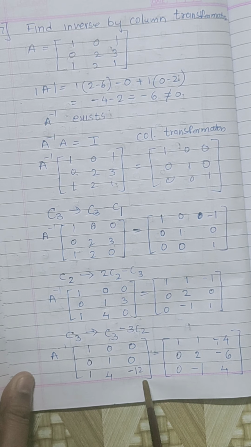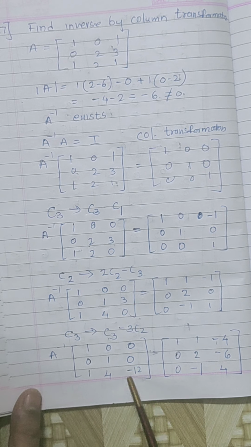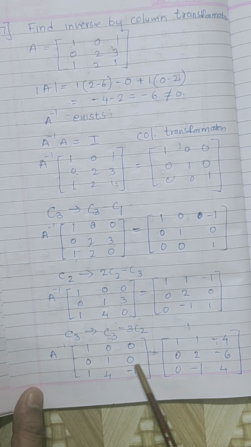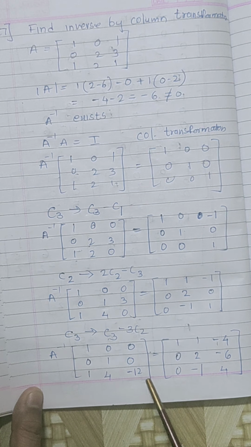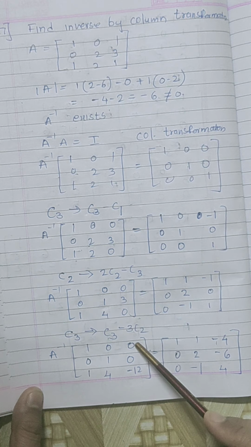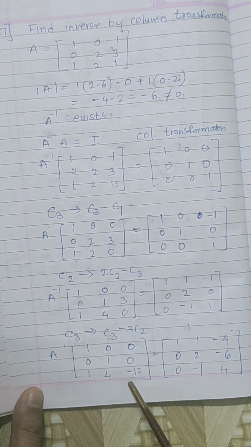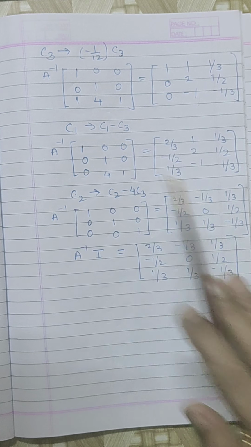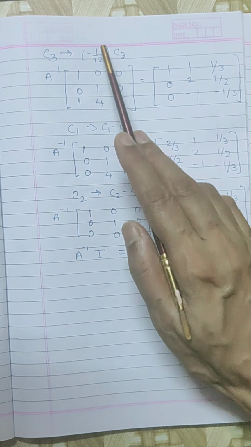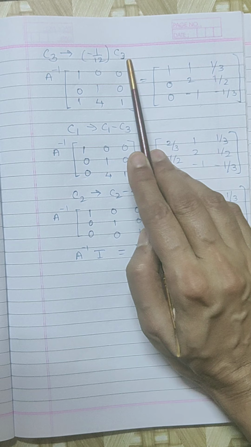Now this 12 is there. This minus 12 we want to convert into 1, because we want the identity matrix. If you make any other transformation, then it will change. So we will divide it by minus 12. So C3 will be changed into minus 1 upon 12 into C3.